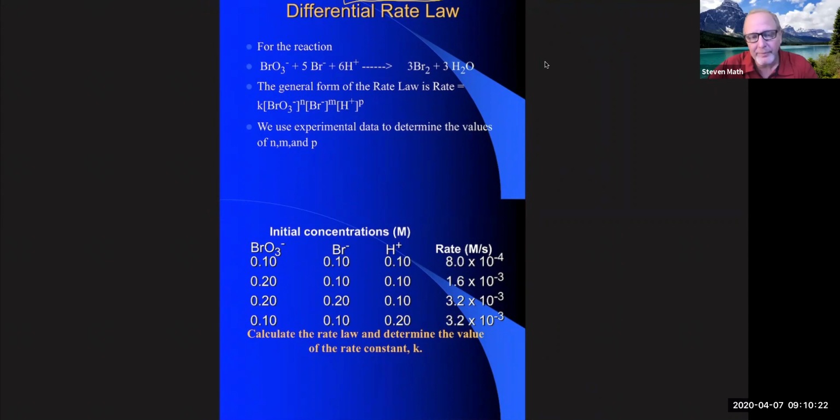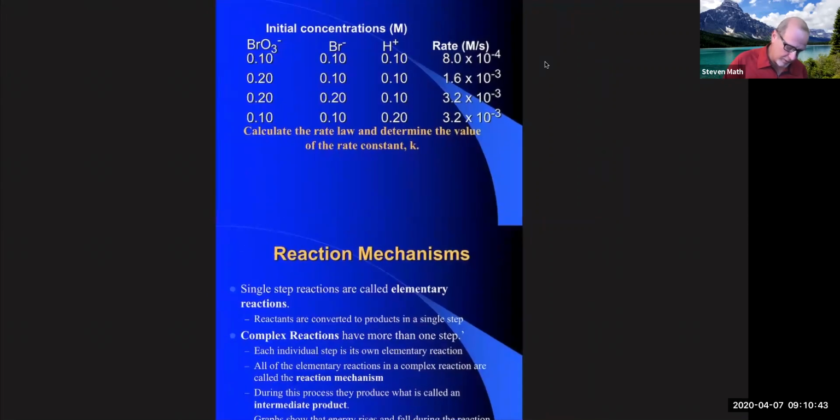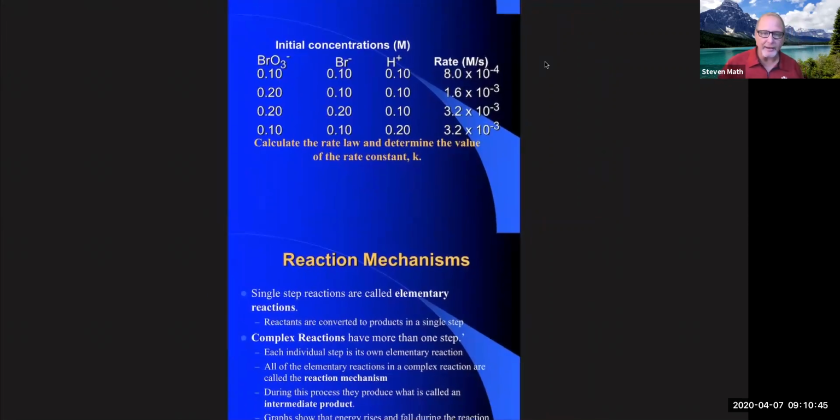All right, we don't need to understand the chemistry behind it right now. We just need to look using this data. What can we do? So the general form is [BrO3-] to the n, [Br-] to the m, and [H+] to the p. All right, so we need our data for that. And here's our data.